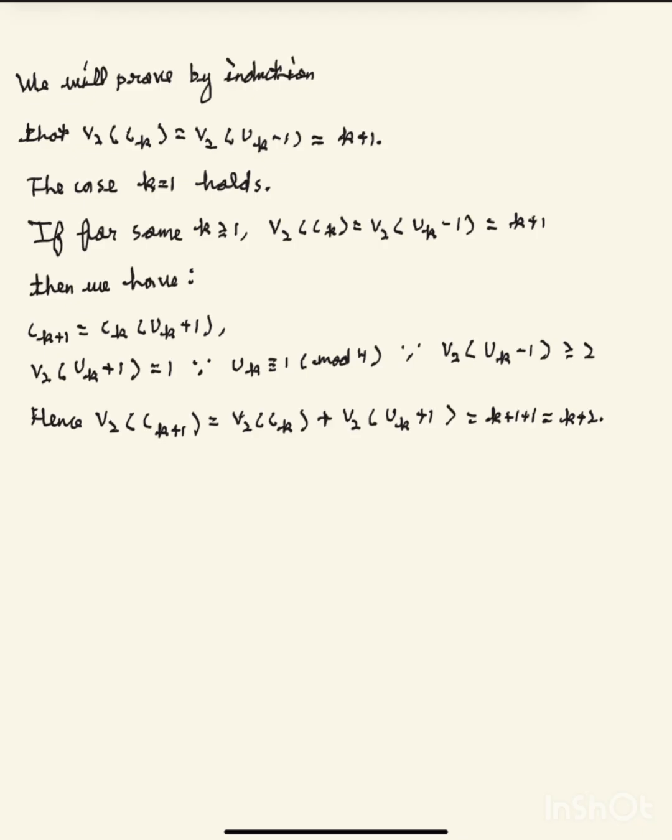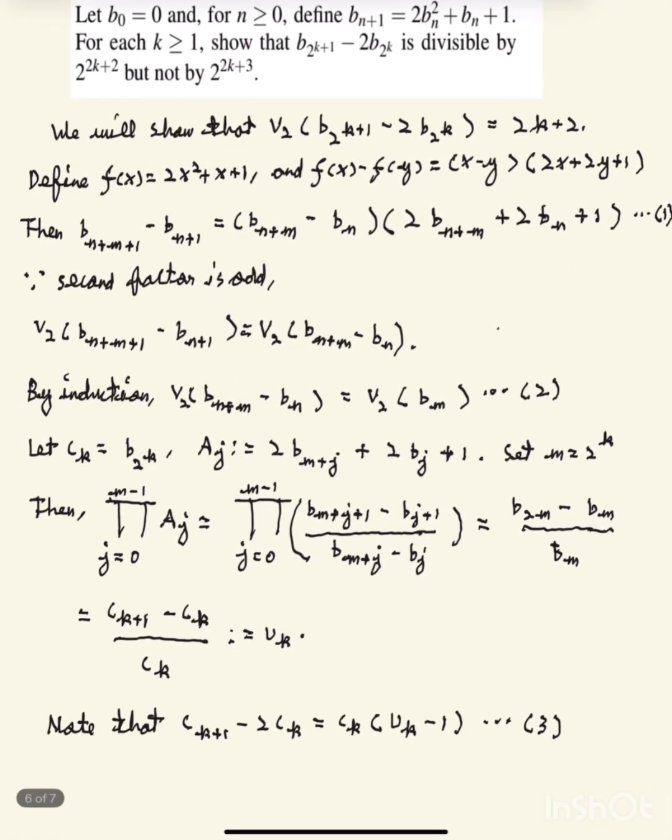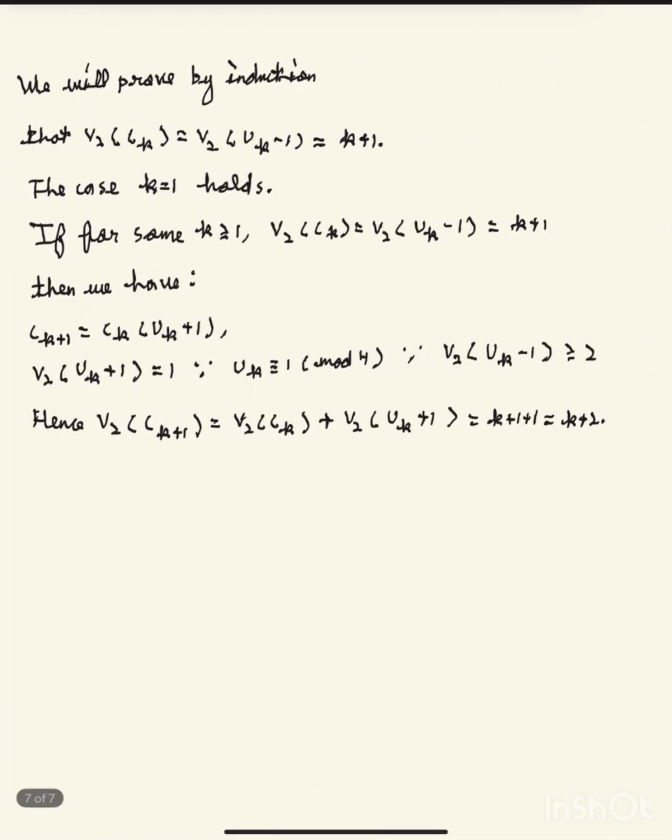which is equal to k plus 1 plus 1, which is k plus 2. Now we have from this the first step of our induction complete, the first step that v2 of c_k is equal to k plus 1.